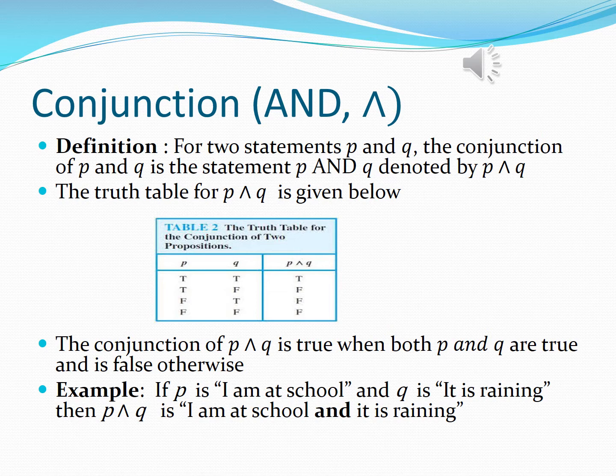In conclusion, the conjunction of P and Q is true when both P and Q are true and is false otherwise. Example: if P is the statement "I am at school" and Q is the statement "it is raining," then P and Q is the statement "I am at school and it is raining."